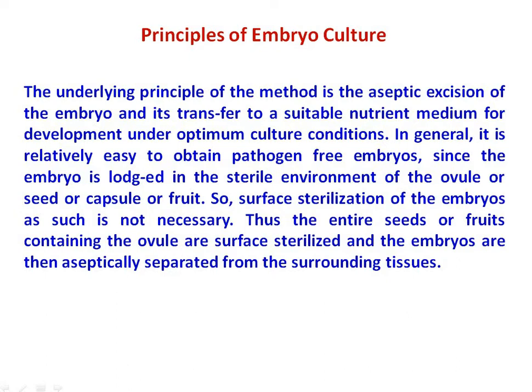In general, it is relatively easy to obtain pathogen-free embryo since the embryo is lodged in the sterile environment of the ovule or seed or capsule or fruit. So, surface sterilization of the embryos as such is not necessary. Thus, the entire seeds or fruit containing the ovule are surface sterilized, and the embryos are then aseptically separated from the surrounding tissues.